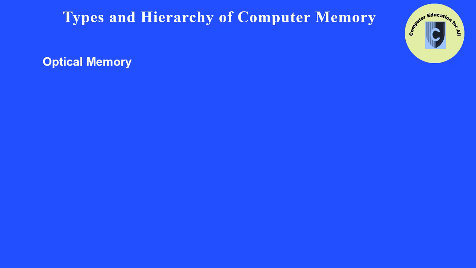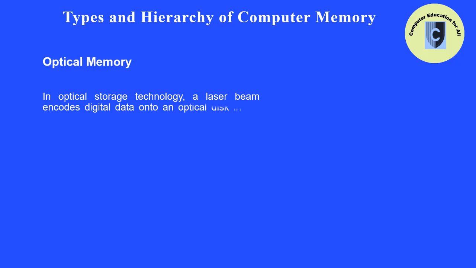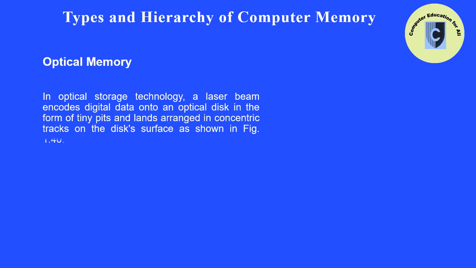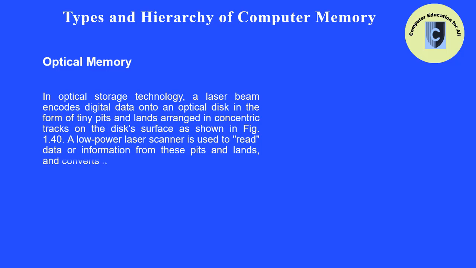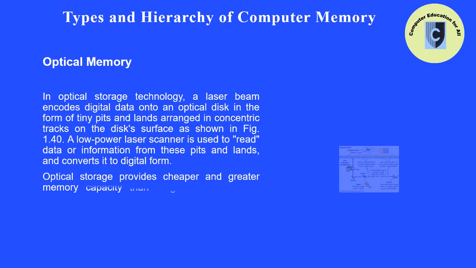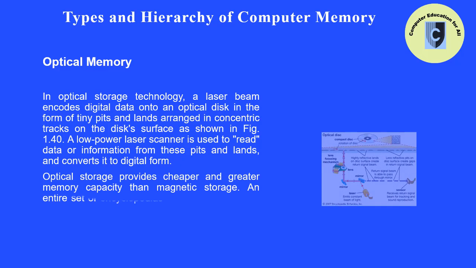Optical memory. In optical storage technology, a laser beam encodes digital data onto an optical disc in the form of tiny pits and lands arranged in concentric tracks on the disc surface, as shown in Fig. 1.40. A low-power laser scanner is used to read data or information from these pits and lands and converts it to digital form.